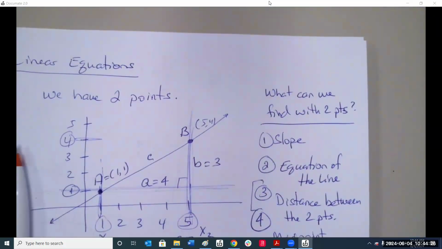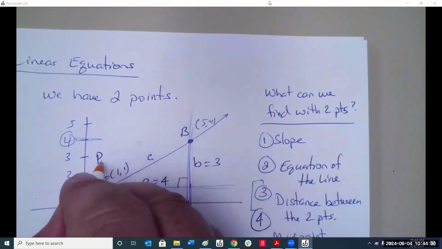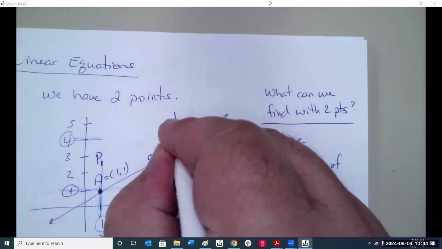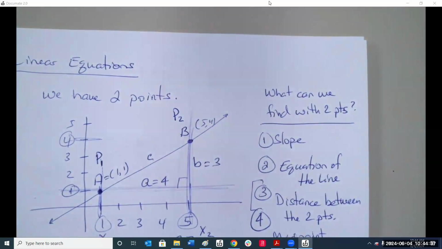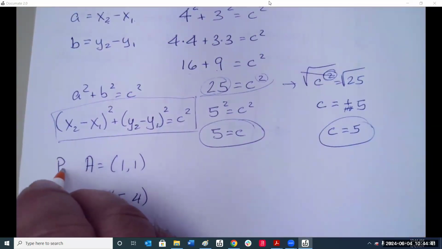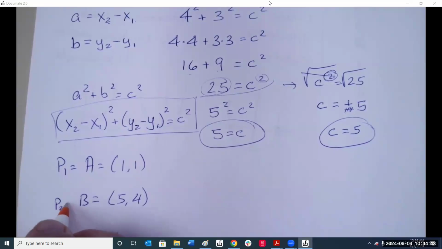Looking at this, going from left to right, we get to A first. So A is our first point, P1. B is our second point. So this is point 1, and this is point 2.